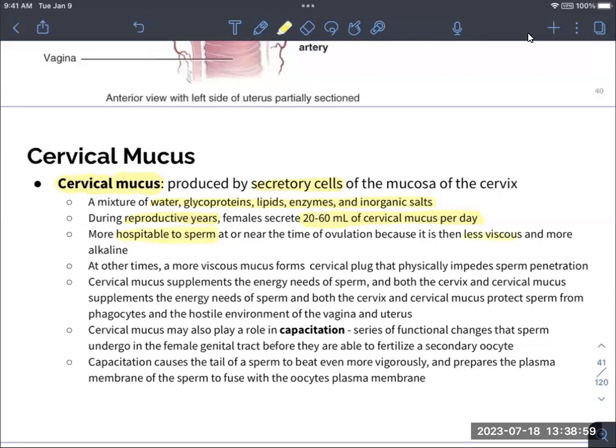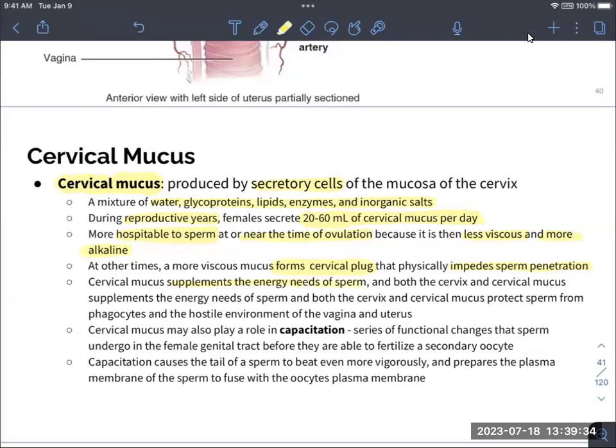It's less viscous right around the time of ovulation. It's more alkaline, so it's not as acidic as other times. So at other times, it's going to form this cervical plug, meaning it's plugging up that cervix. So it prevents sperm from even penetrating into that uterus. The cervical mucus gives energy because it has lipids, glycoproteins.